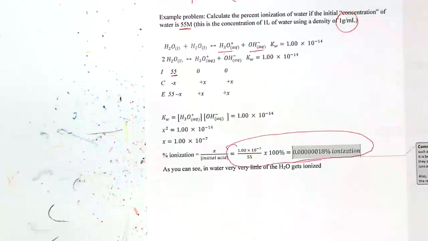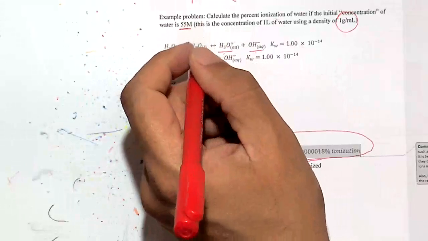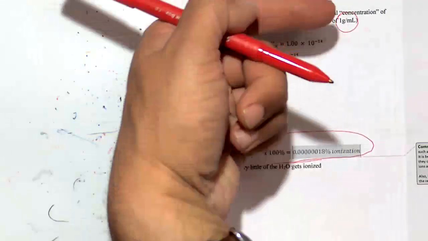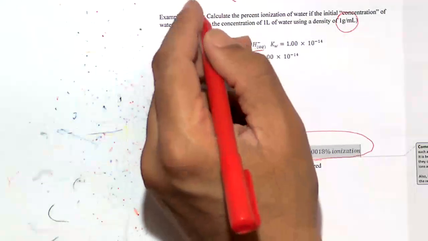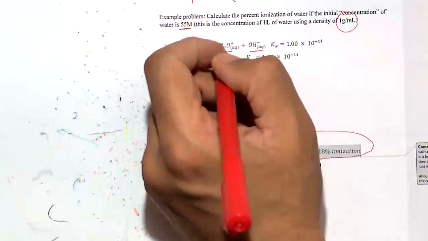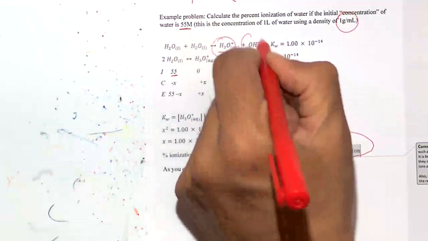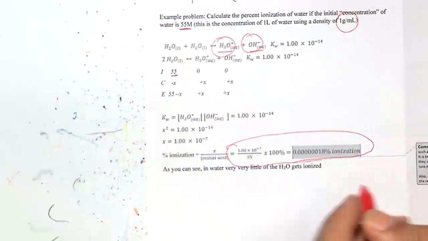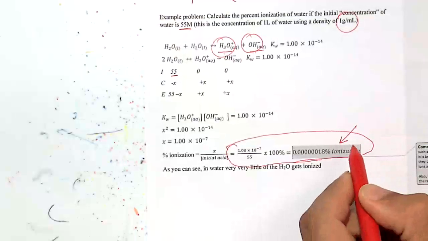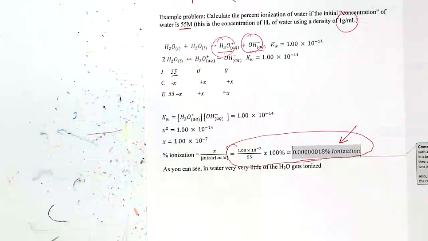For some reason that stuck to me to this day. So out of that trillion, how many will do this reaction? 1. That 1 water molecule out of 1 trillion will give you H plus and OH minus. So that's a very, very small amount of ionization in water.